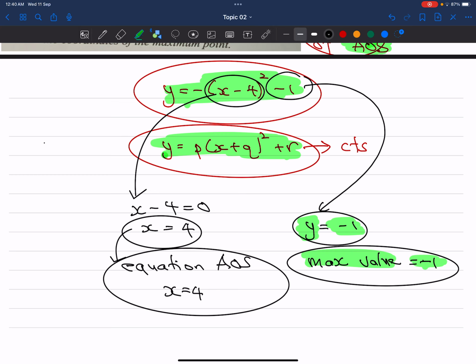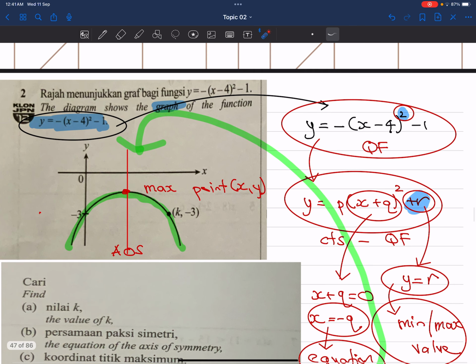We got these two parts already. And remember, the axis of symmetry, which is this line, divides the graph into two equal parts.